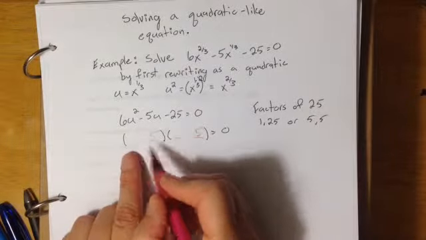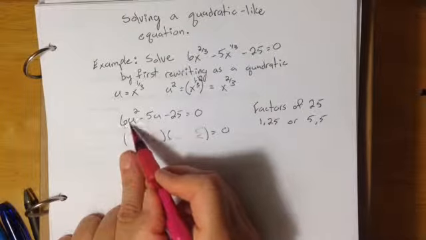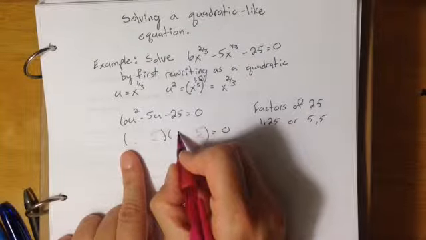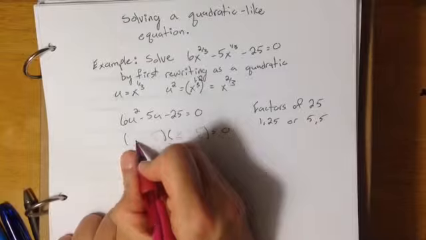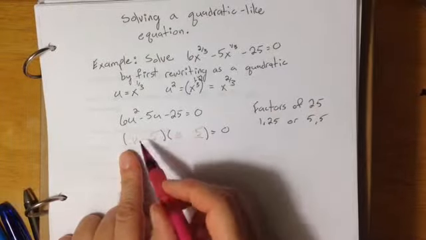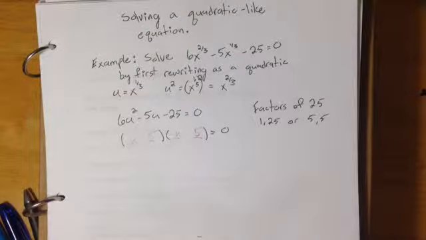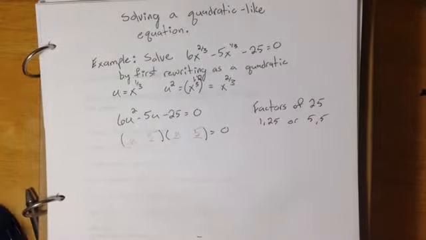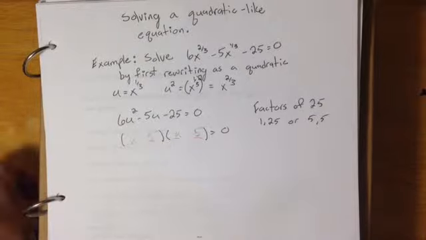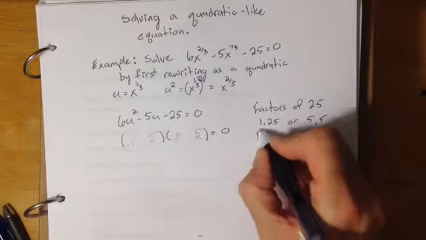Now, these first 2 terms have to multiply together to be 6u squared. So they're each going to have a u on them, and one will have to have either a 1 and a 6 or a 2 and a 3, because they have to multiply together to be 6. So off to the side here, I might make myself a note about the factors of 6.